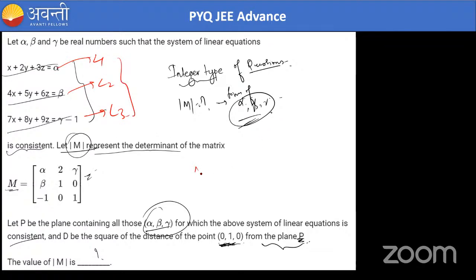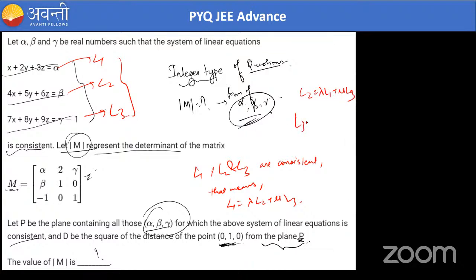Since L1, L2 and L3 are consistent, that means you can write L1 as lambda L2 plus mu L3, or L2 as lambda L1 plus mu L3, or L3 as lambda L1 plus mu L2.